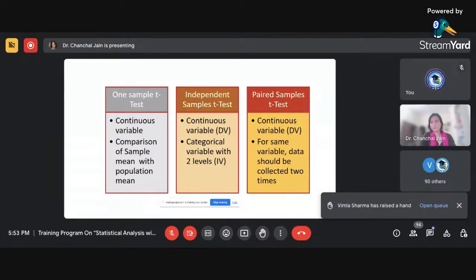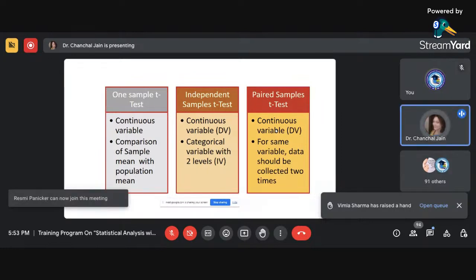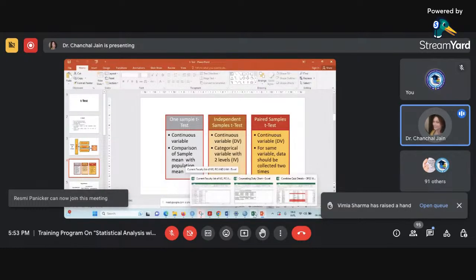But one characteristic of the sample will be the same: they will have the same type of swelling, the same type of condition. So we won't go for the independent sample t-test in this condition, because there is a dependent variable and also the independent variable. Purpose is very important. If a before and after condition is there, the paired sample t-test is applicable, and you need to apply it 2 times.